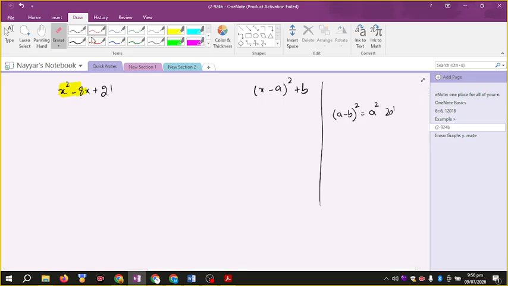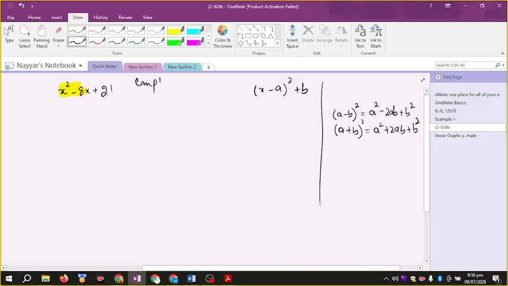And a plus b whole square is equal to a square plus 2ab plus b square. When you apply the completing the square method, you will remember these two identities. See the steps now.